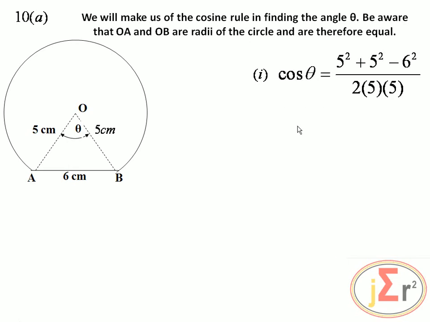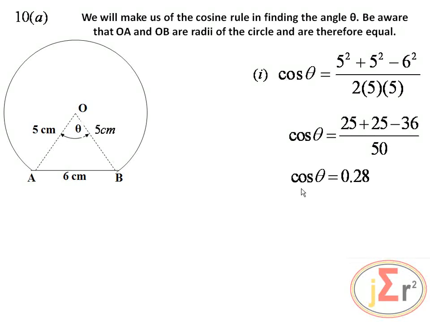When we simplify, square of 5 is 25, square of 6 is 36, 2 times 5 is 10 multiplied by 5 is 50. Then we have cos theta is equal to 0.28.